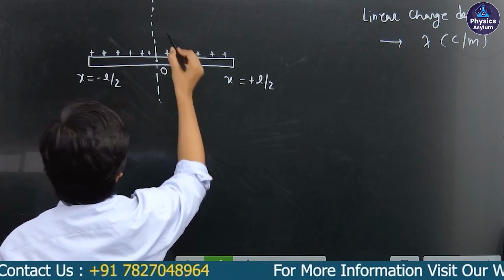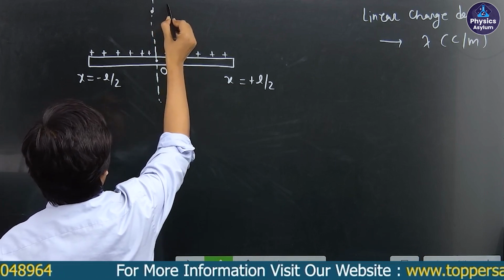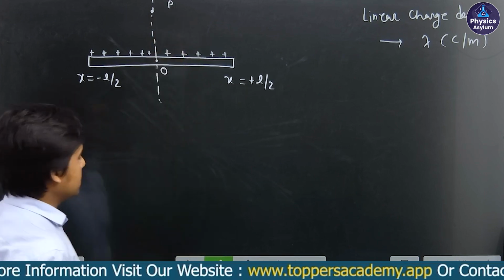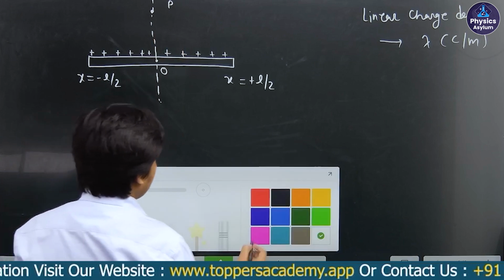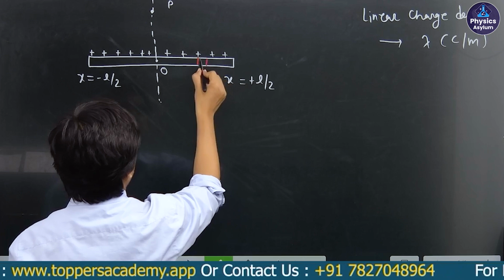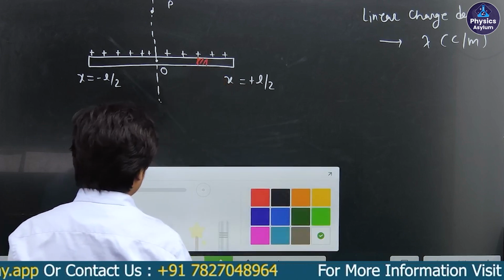Now I want to find out the electric field at a point P, which I am taking here on this perpendicular bisector. For that, I will first consider a charge element at a distance x.